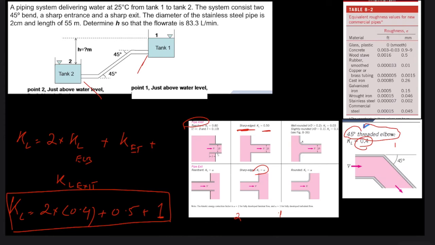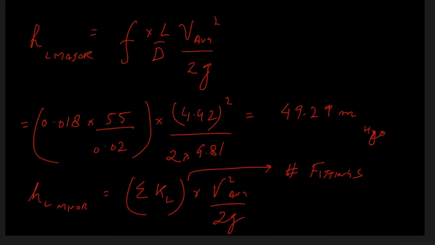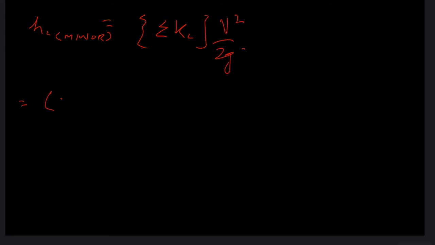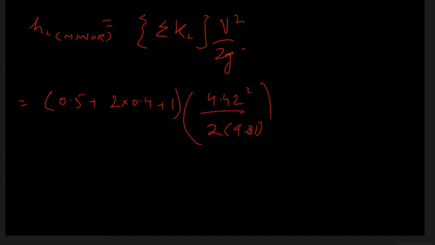Now I'm going to put it in my equation and calculate HL minor. HL minor is equal to the summation of all KLs times V square over 2G. So the summation of all KL is 0.5 plus 2 into 0.4 plus 1, multiplied by 4.42 square divided by 2 into 9.81.